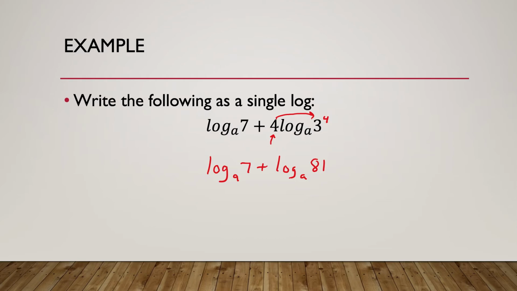So I'm going to take these 2 logs and I'm going to merge them back into one log, and I'm going to do multiplication. So I'm going to do 7 times 81, and 7 times 81 is going to be 567. So our final answer will be log base a of 567.